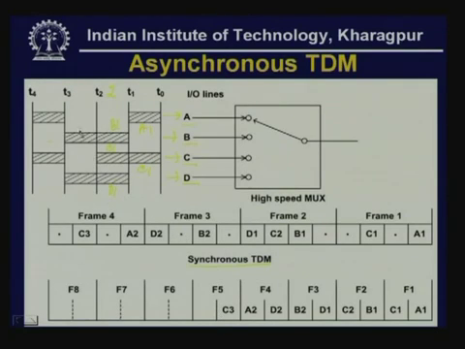In frame 3, we shall have B2 and D2. In frame 4 we shall have A2 and C3. And we can see these are the time slots which are wasted.